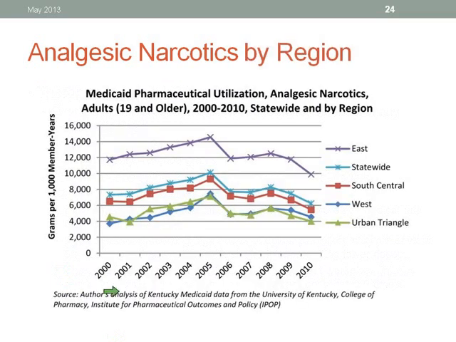Again, we see the change over time. The eastern part of the state is the highest, and again, these are adults, and we see that dip from 2005 to 2006 as we went over to Part D. We see the urban triangle down at the bottom.